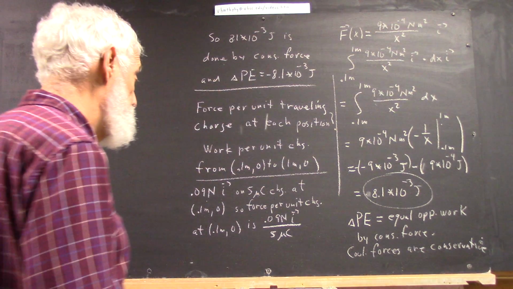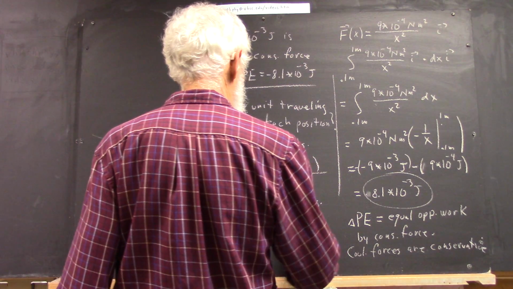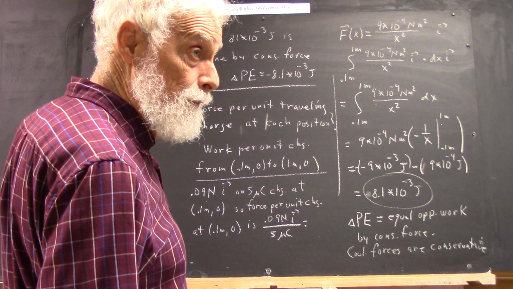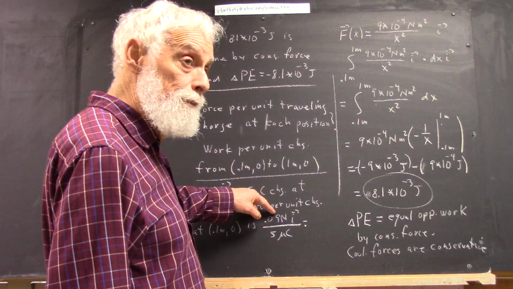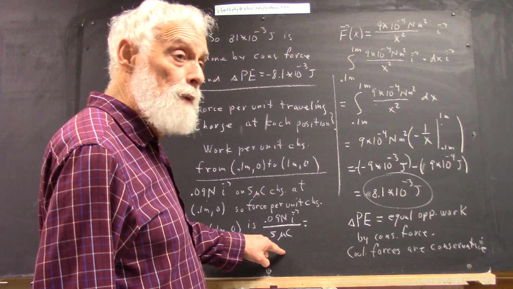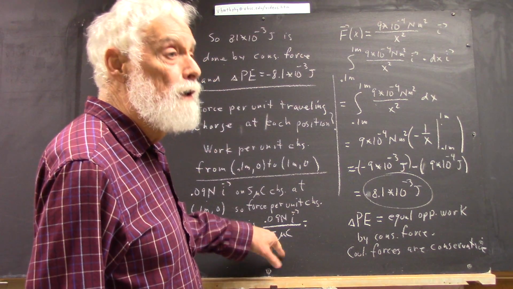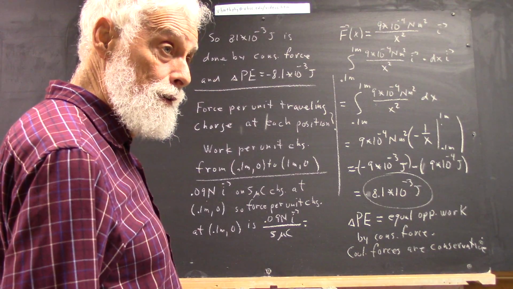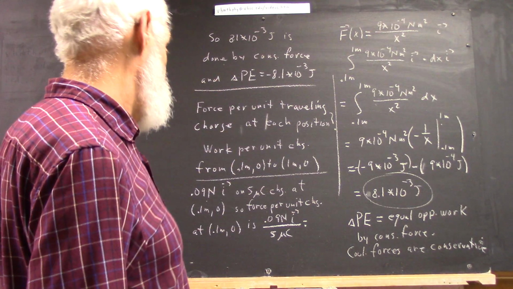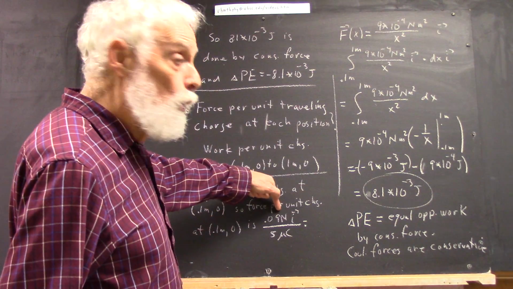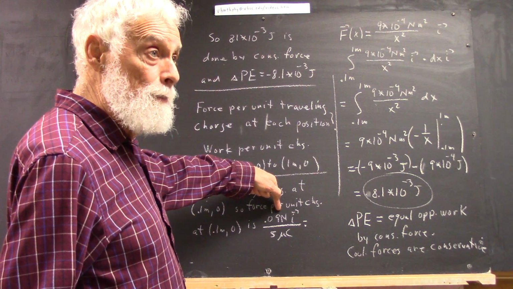And what's that? Well, 9 divided by 5 is 1.8, right? It's like we've got 0.018, but then we're dividing by 10 to the negative sixth, right? Which is going to give us another 10 to the sixth. So that's going to be, well, let's see, 0.018 times a million, right?